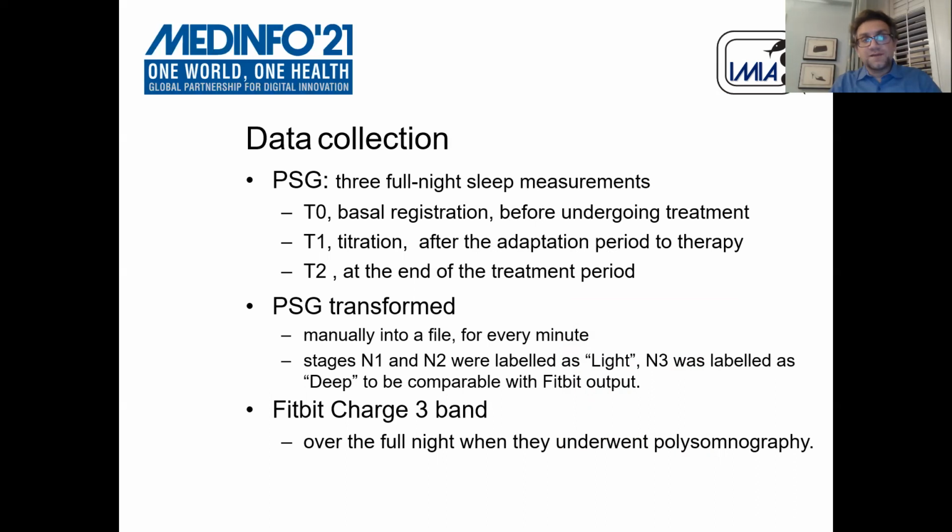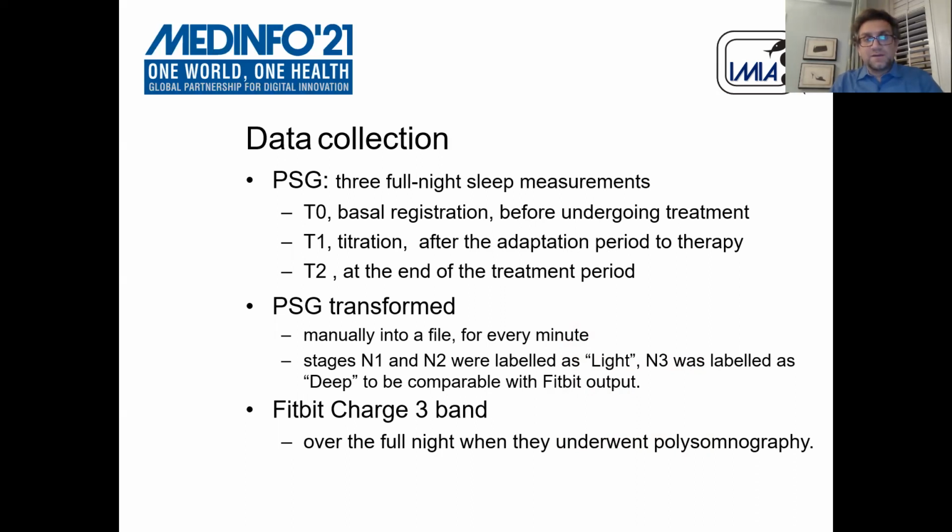The first night, or T0, was the basal registration, which means before undergoing treatment. T1 is the titration phase, which is after the adoption period to therapy, and the last one, T2, is at the end of the treatment period.